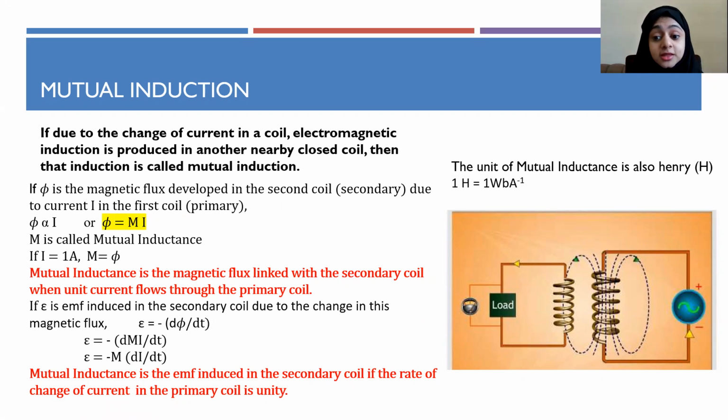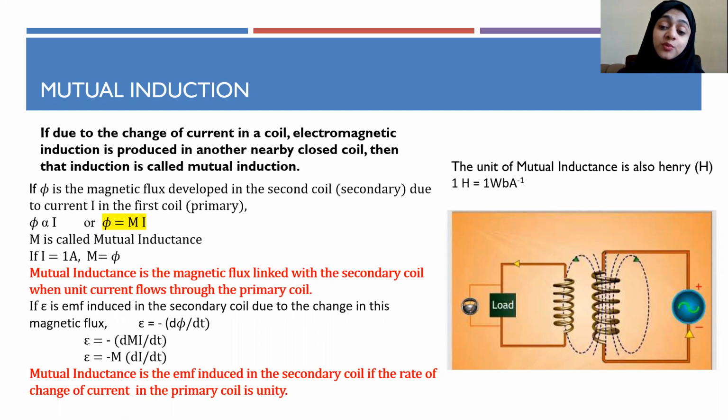But there is a nearby coil. So there was no magnetic flux linked with the coil in the beginning. The magnetic flux was 0 Weber. Now, when the magnetic flux in the nearby coil changes, what happens? The magnetic flux that is linked with this coil of wire will also change.